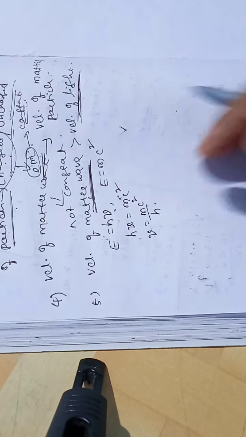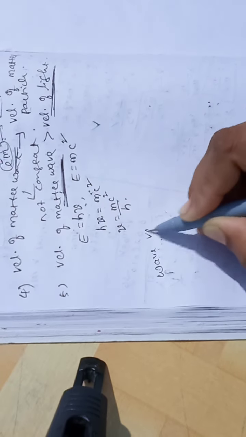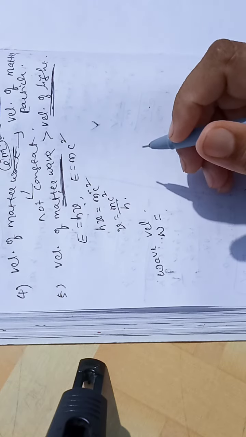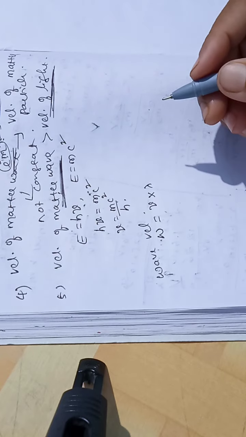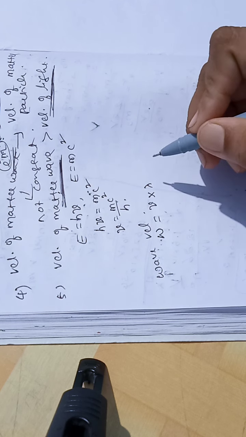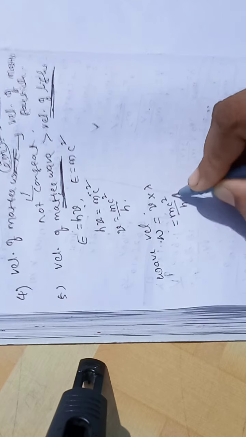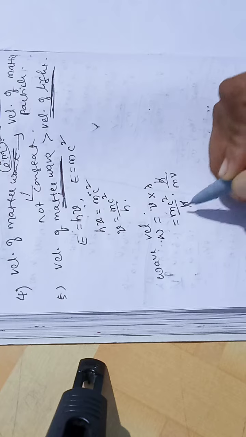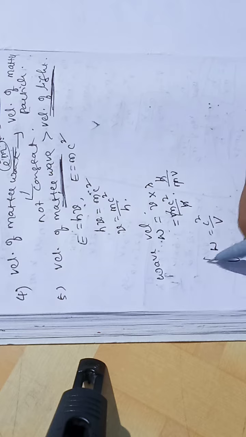Now wave velocity, let us indicate it with W. It is nothing but frequency into wavelength. What is frequency? mc square by h. What is lambda? The de Broglie wavelength, h by mv. The m and h strike off. So W becomes c square by v.